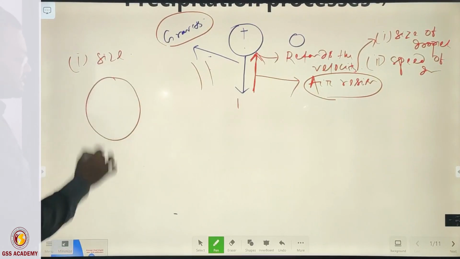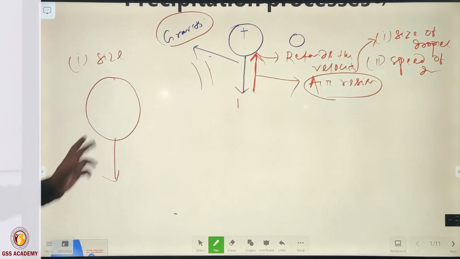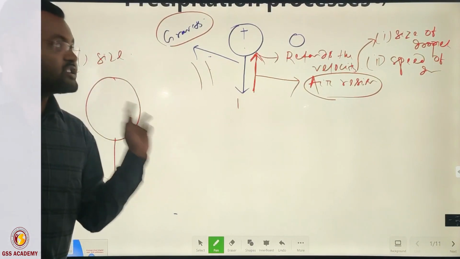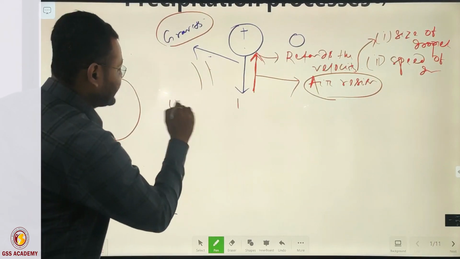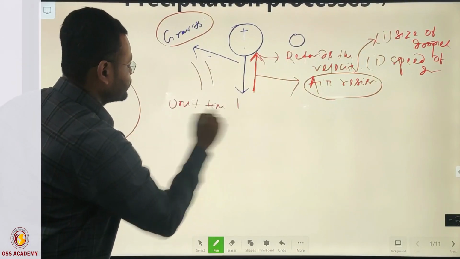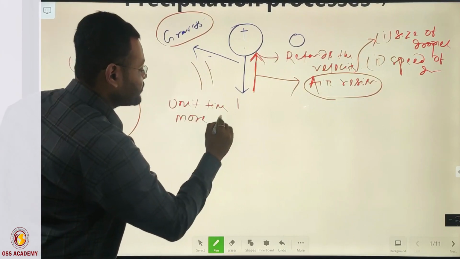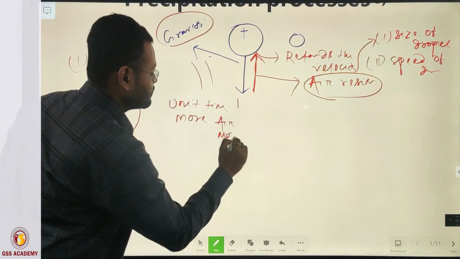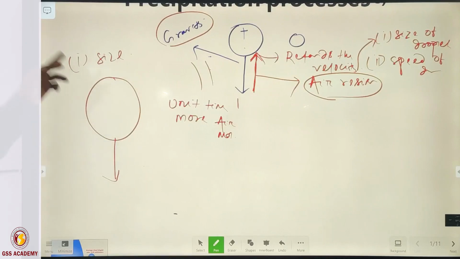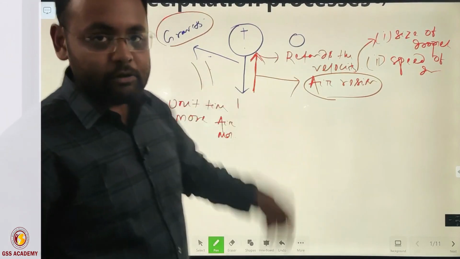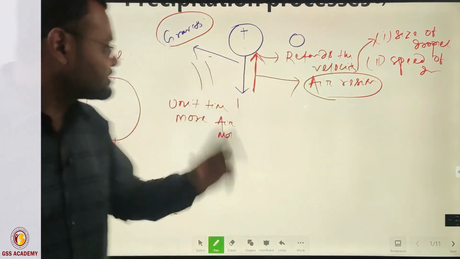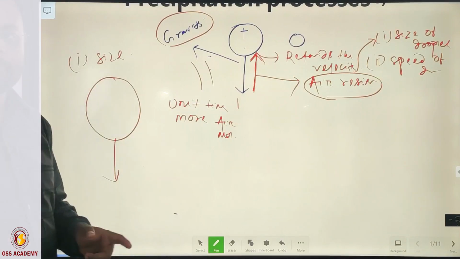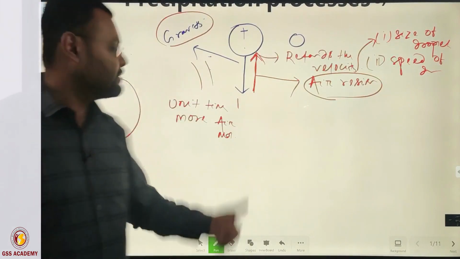Now first we'll come to the size part. Try to understand these things. If a larger size droplet falls from the cloud towards the earth's surface, then in a unit time it will encounter more air molecules in comparison to a falling droplet whose size is relatively smaller.